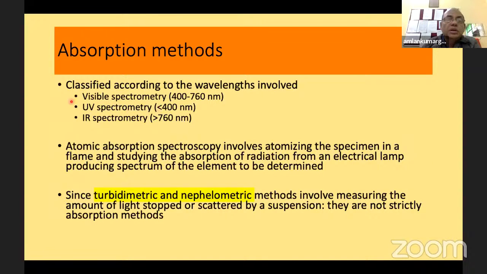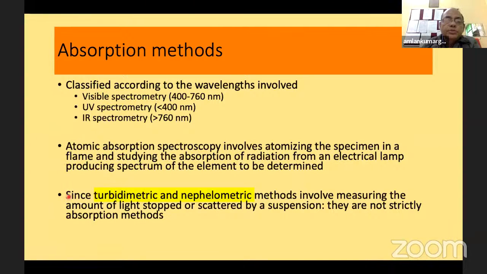UV methods are used in certain determinations, like colorimetric determination of, say, nitrate or phenol. So you can do determination of various things using UV spectrometry. And normally we do all our phosphorus and sulfur analysis in the visible range.